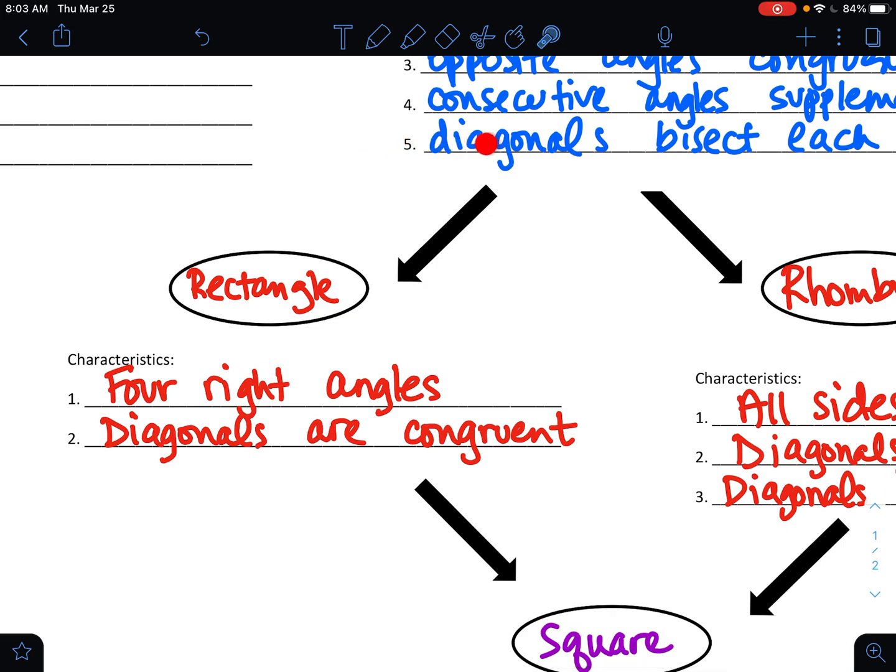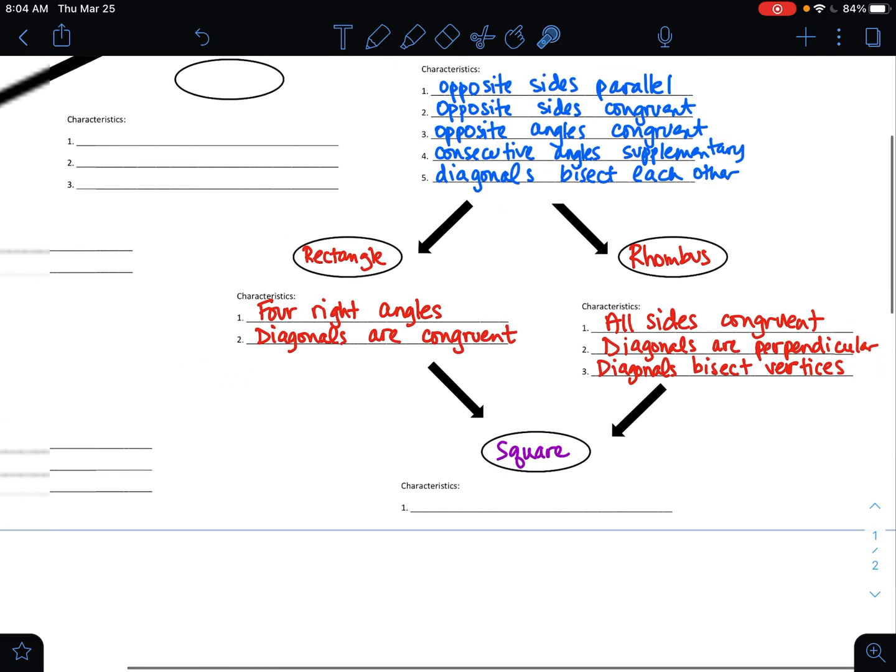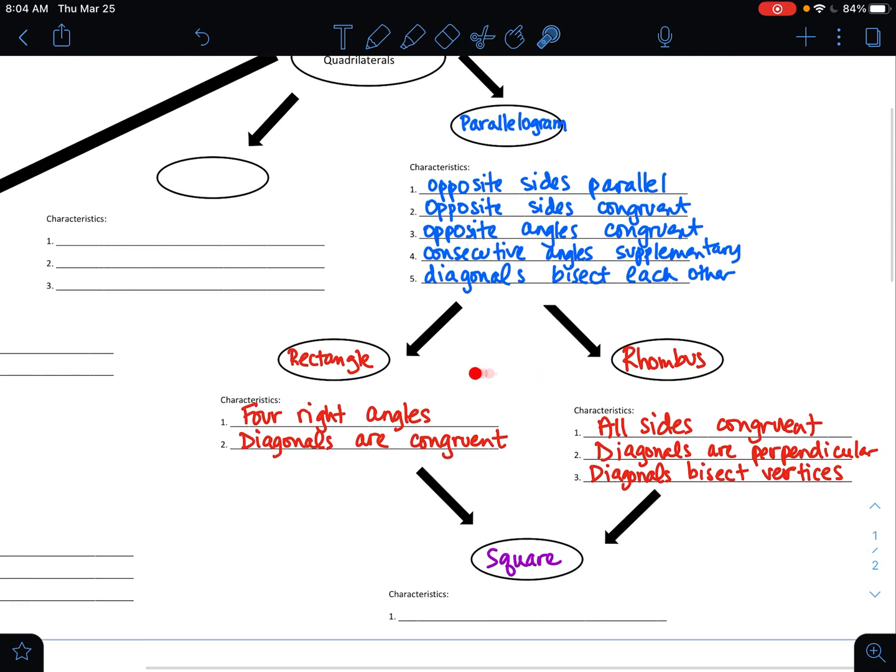Okay, so not only do they cut each other in half because of this property, the entire length of the diagonals are congruent. Okay, so if you have 2 diagonals, of course you're going to have 2 diagonals in your rectangle. Maybe if they're length 10, then they cut each other in half and the small segments are all length 5. Okay, so rhombus and rectangle are next to each other because they generally don't overlap.